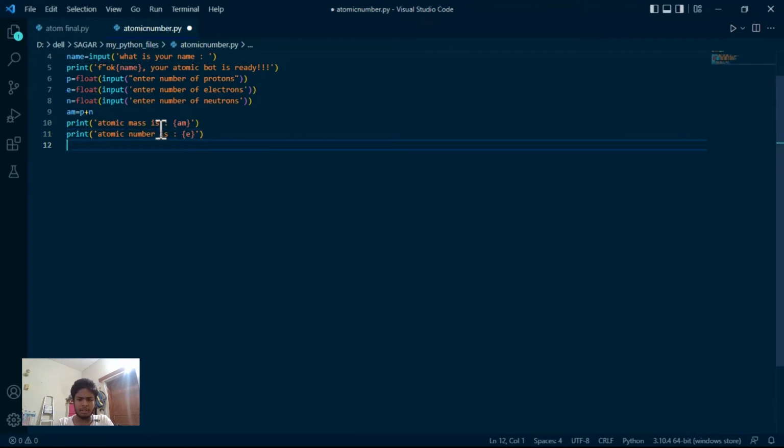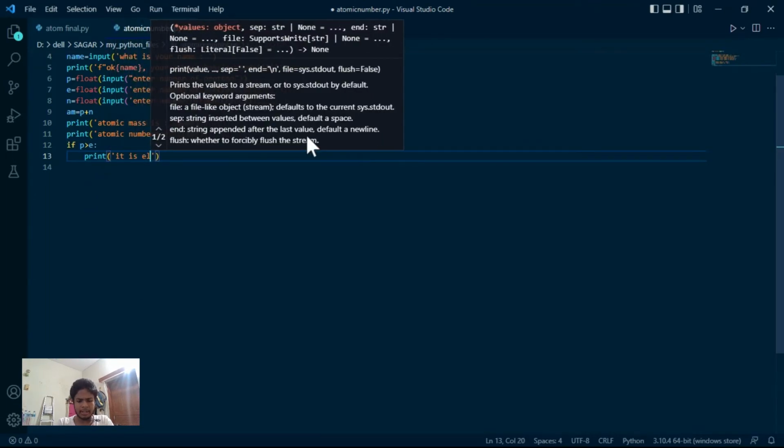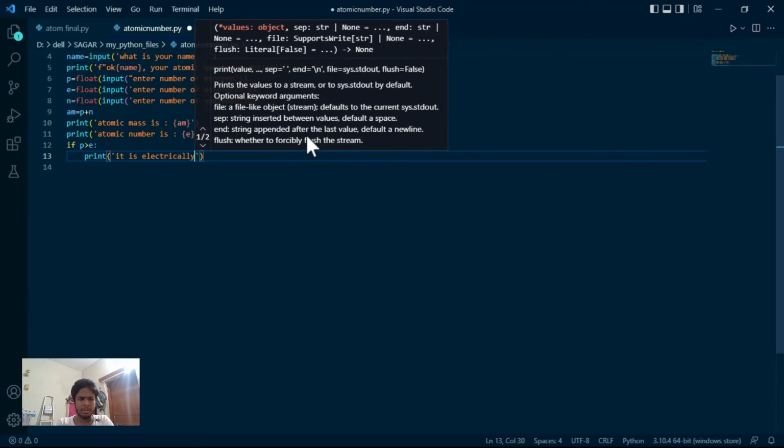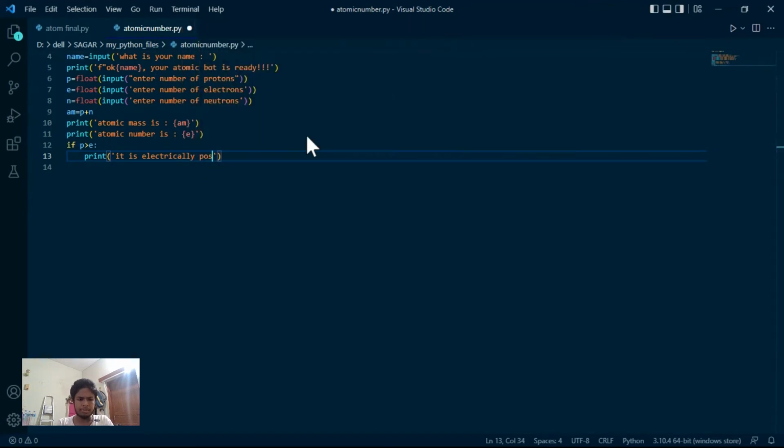Now I will add the main code. If proton is greater than electron, print it is electrically positive.